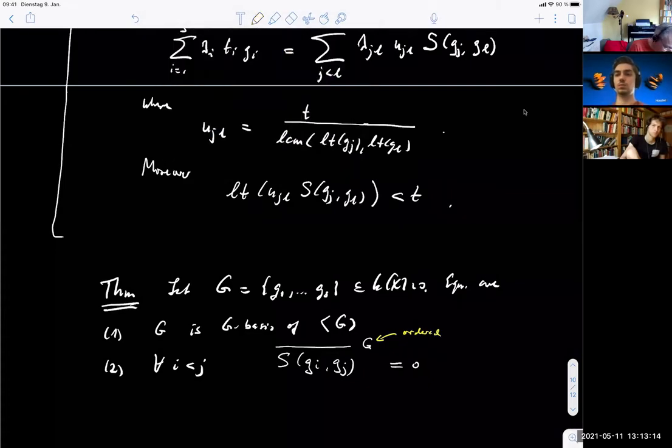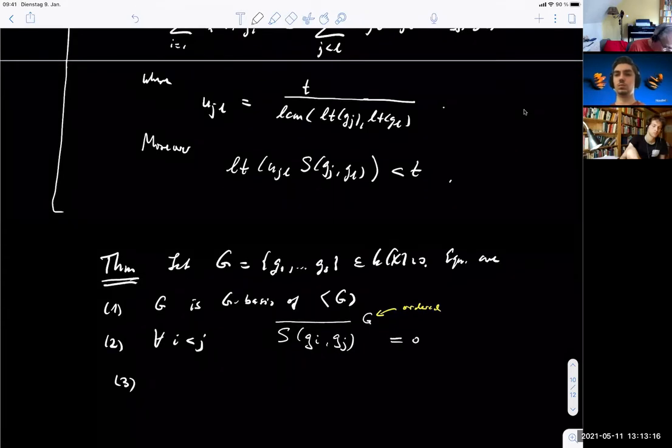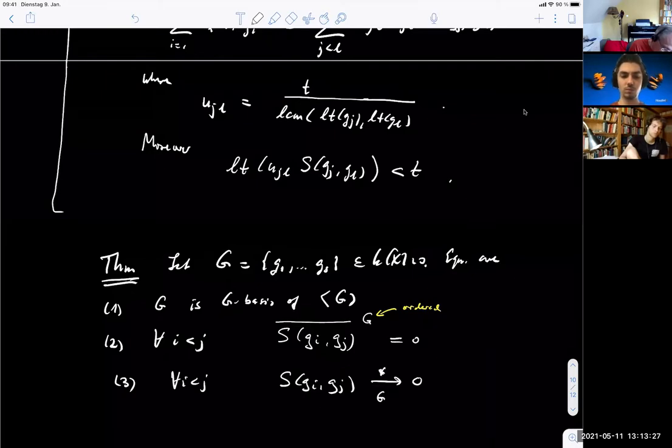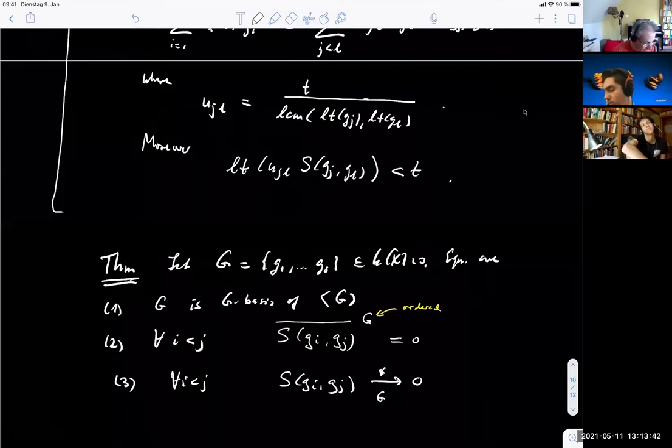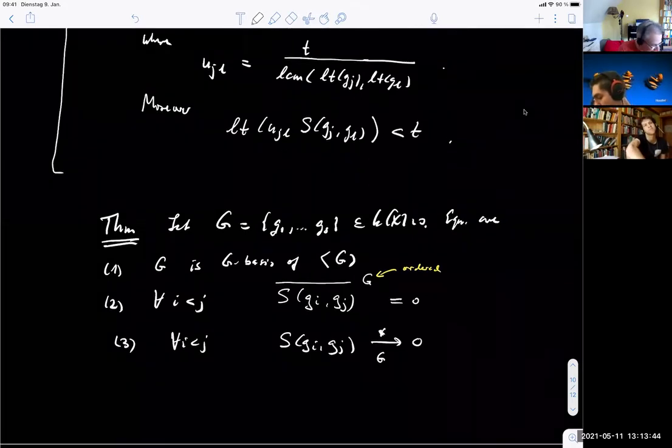And the third condition is saying for all i less than j, I can reduce the S polynomial to 0 mod G. I don't have to do it exactly in the way this algorithm does it. So these are equivalent, and of course it's useful. It gives a procedure to test whether I have a Gröbner basis.